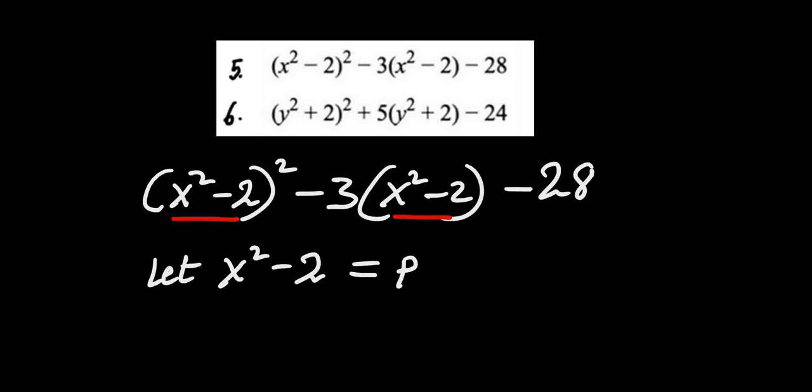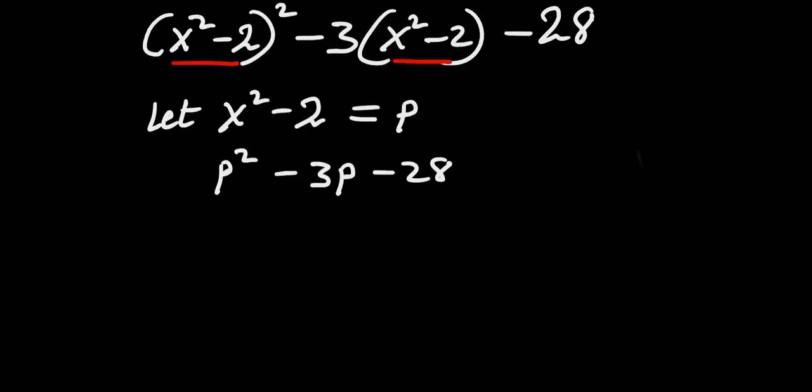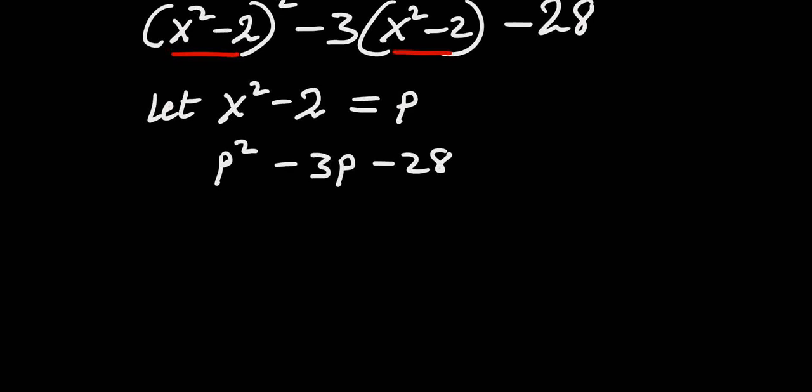All right, so automatically we now have p squared negative 3p negative 28, and now we have a quadratic. So we can now find two factors of negative 28 such that the sum should be negative 3, and that is negative 7 and 4.